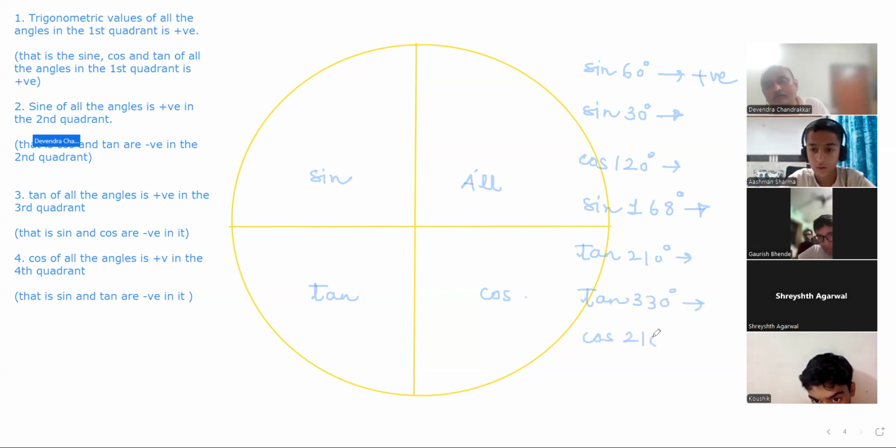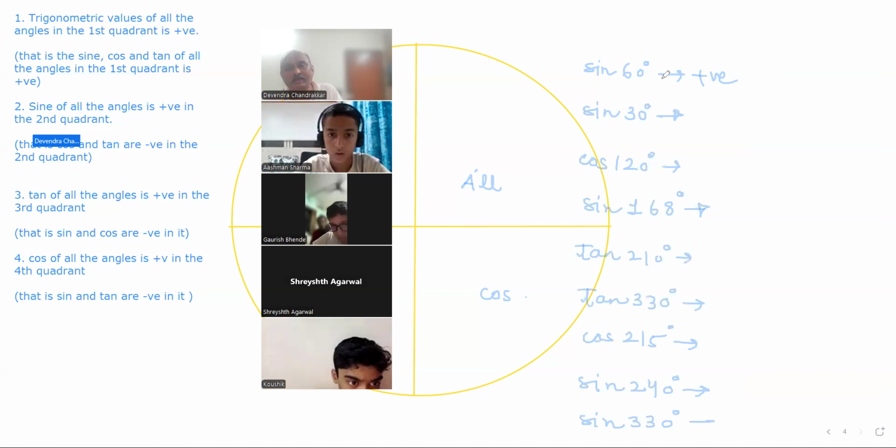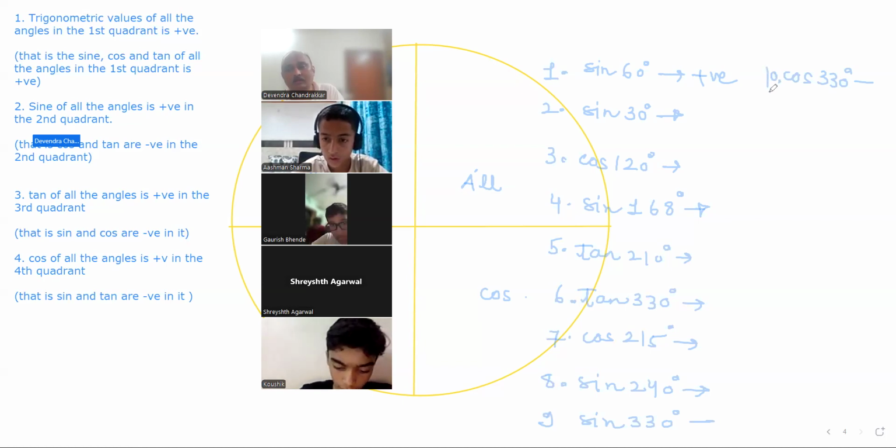Cos of 215 degrees. Sine of 240 degrees. And sine of 330 degrees. Just write the signs and post. Cos of 330 degrees, this is the last. So we have 1, 2, 3, 4, 5, 6, 7, 8, 9 and 10.